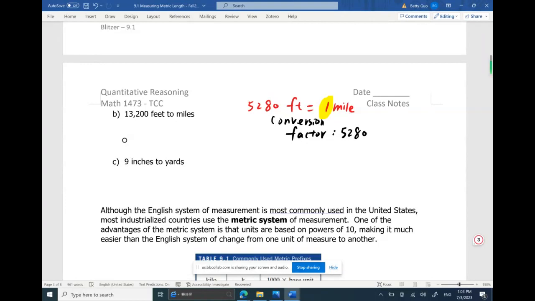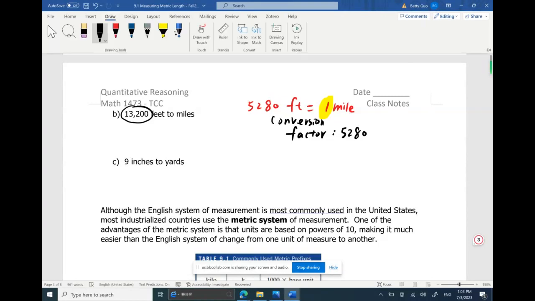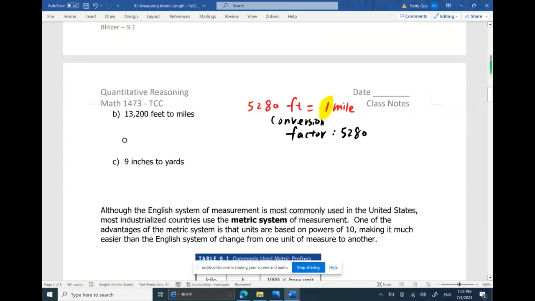We are going to either multiply this number by the factor or divide by the factor to answer the question. Okay, so let's compare. Feet is a smaller unit. Mile is a bigger unit. Miles is obviously a much bigger unit. It's very long.